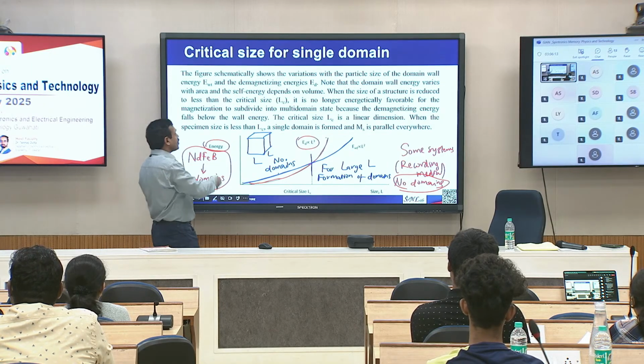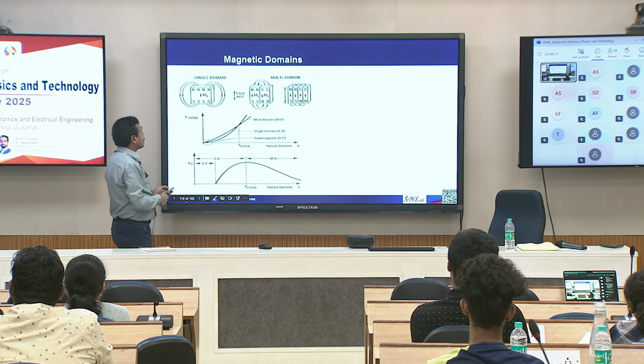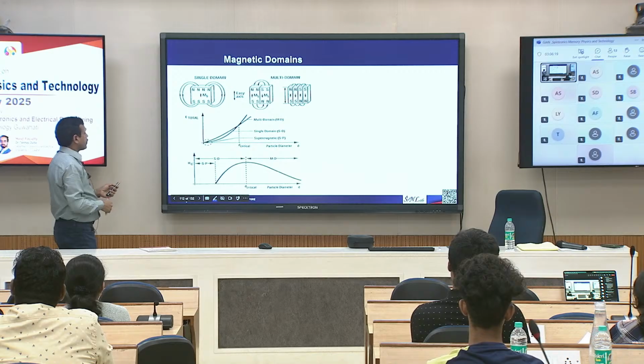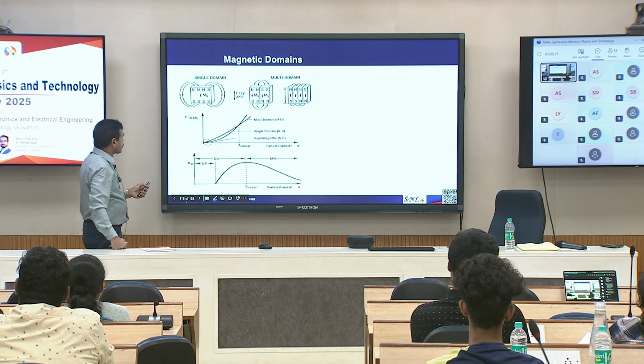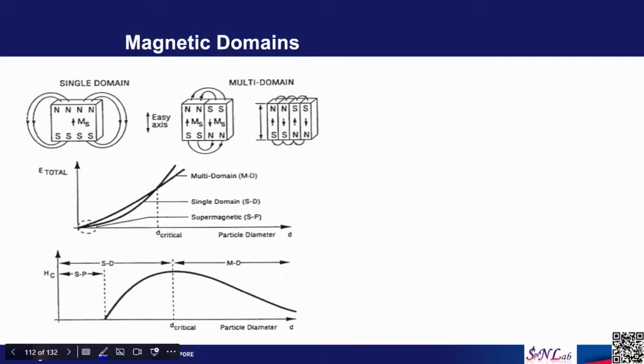Let me show you some more slides. Let us say you do some chemical process and you prepare nanoparticles. These nanoparticles have a certain diameter.